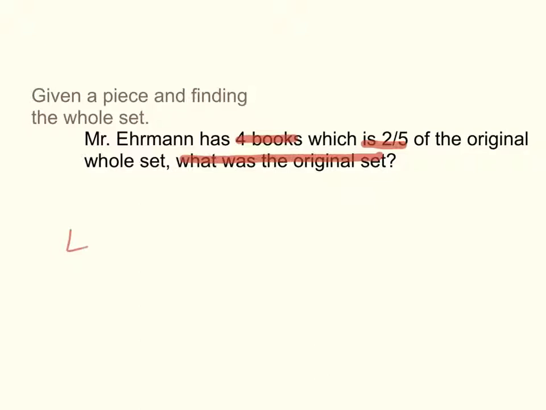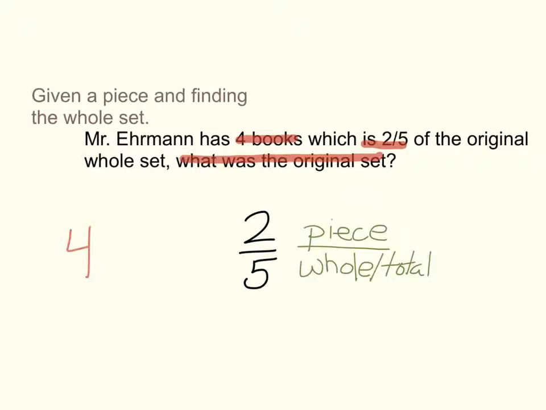So those are our clues that we're actually starting with a piece. So I'm still going to write the number given. And I'm going to write my fraction. And we're going to keep in mind what our fraction represents. And in this case, the 4 is not represented in the denominator. It's not the whole. It is the 2 in the numerator.